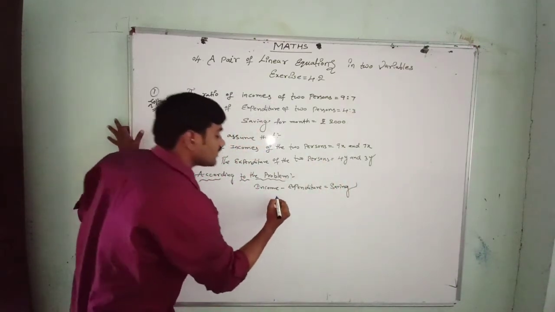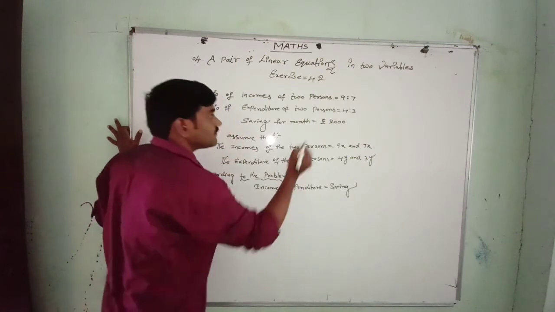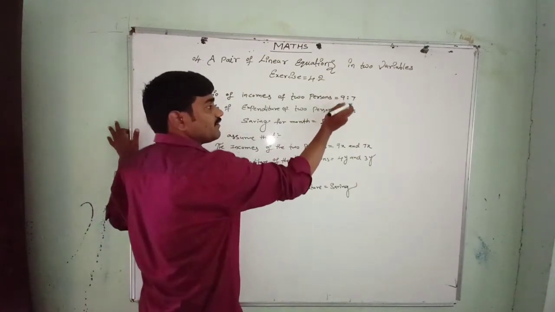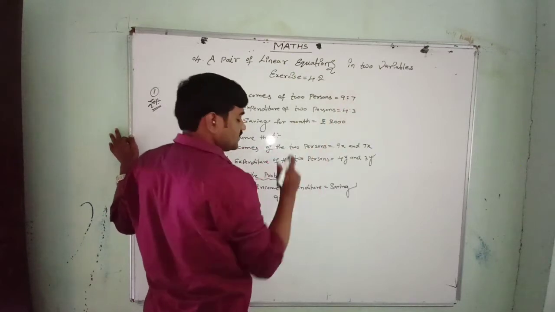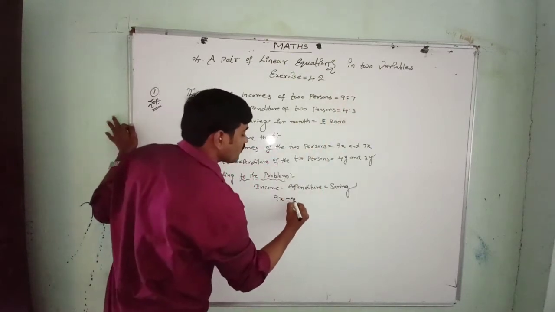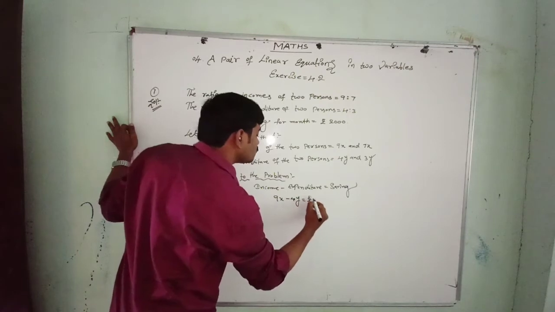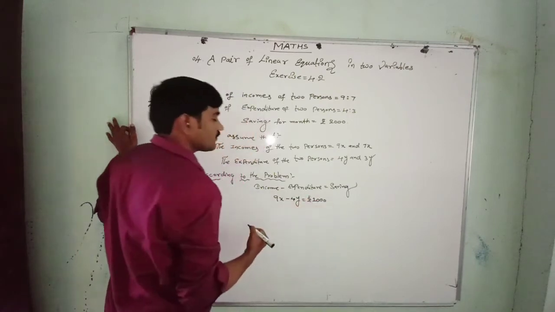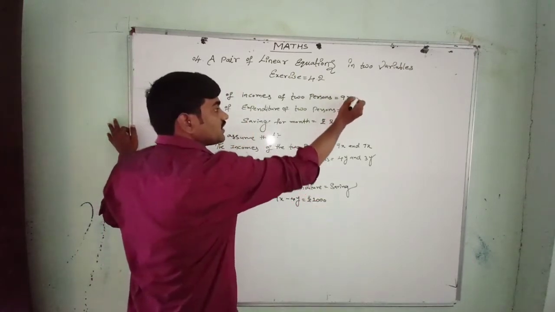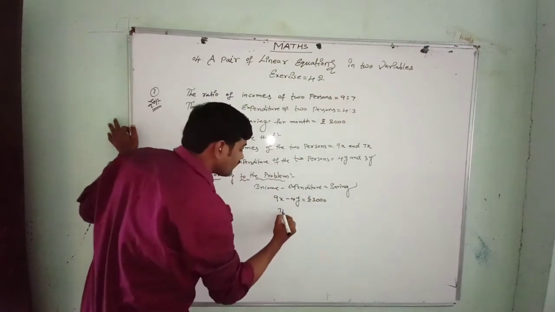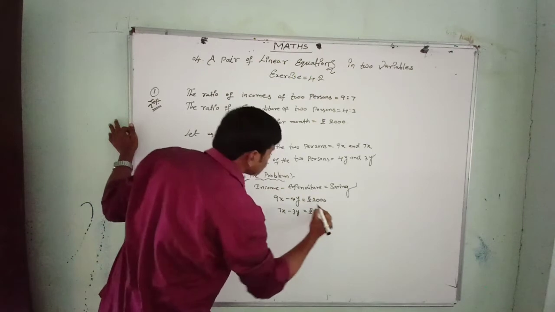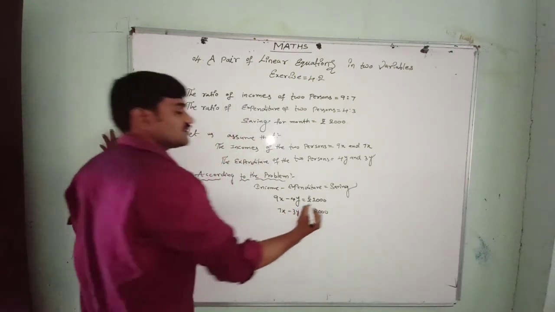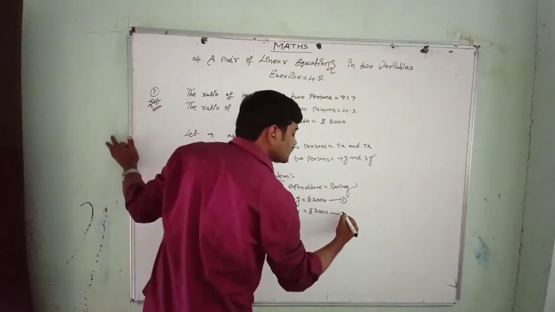Then incomes are 9x, first person's income, first person's expenditure; second person's income, second person's expenditure. So 9x minus 4y equals rupees 2000. Next, 7x minus 3y equals rupees 2000. This is equation number 1 and this is equation number 2.